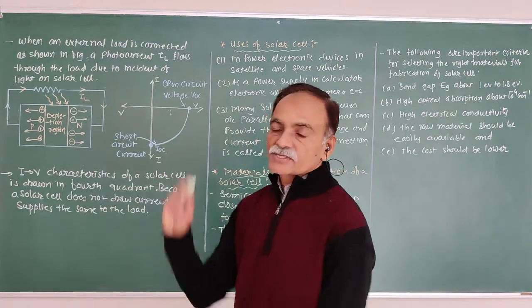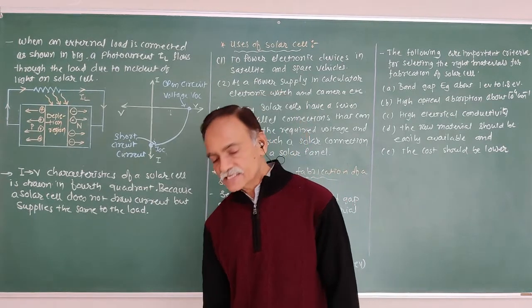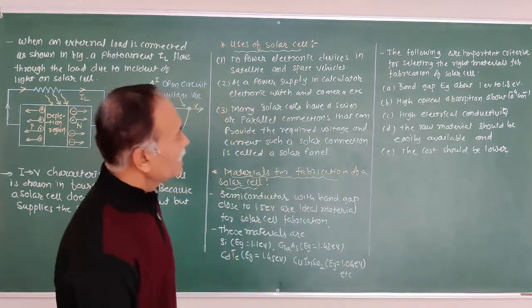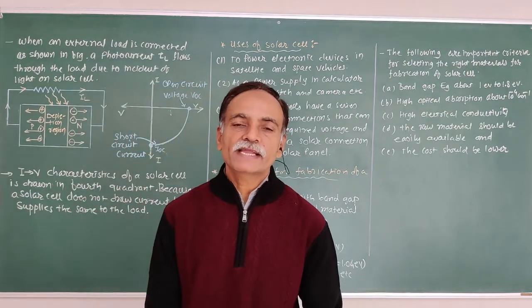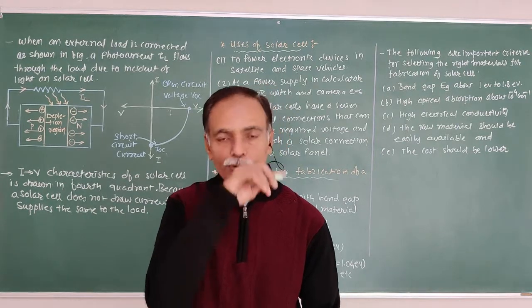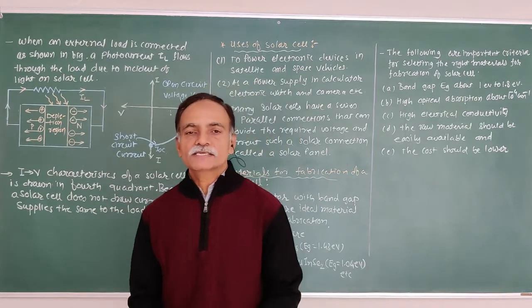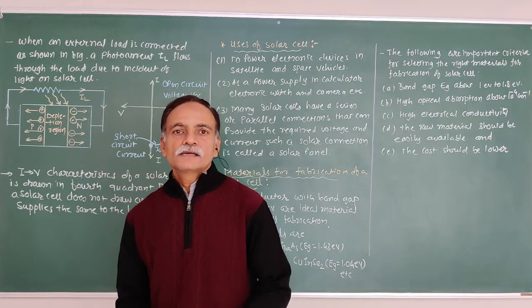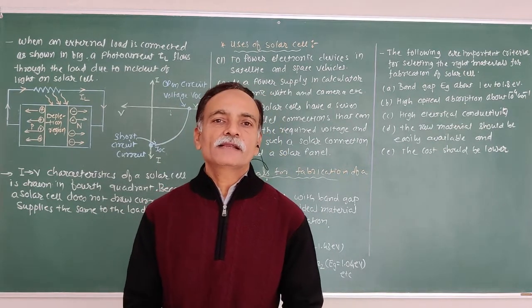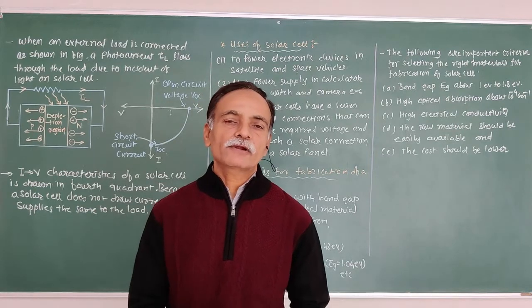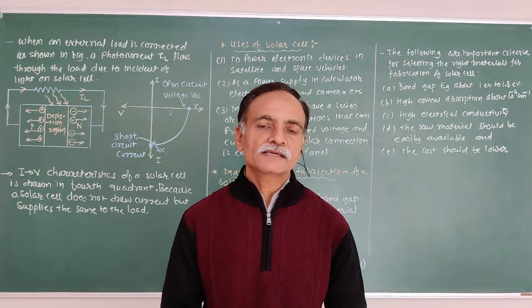Now what happens when the solar cell is connected with an external resistance, that means the load. Just now we discussed how the EMF is produced in a solar cell. When light having energy hf greater than the band gap energy is incident, electron-hole pairs are generated near the junction. The electric field in the depletion region acts in such a way that the electrons and holes are separated before they can recombine.